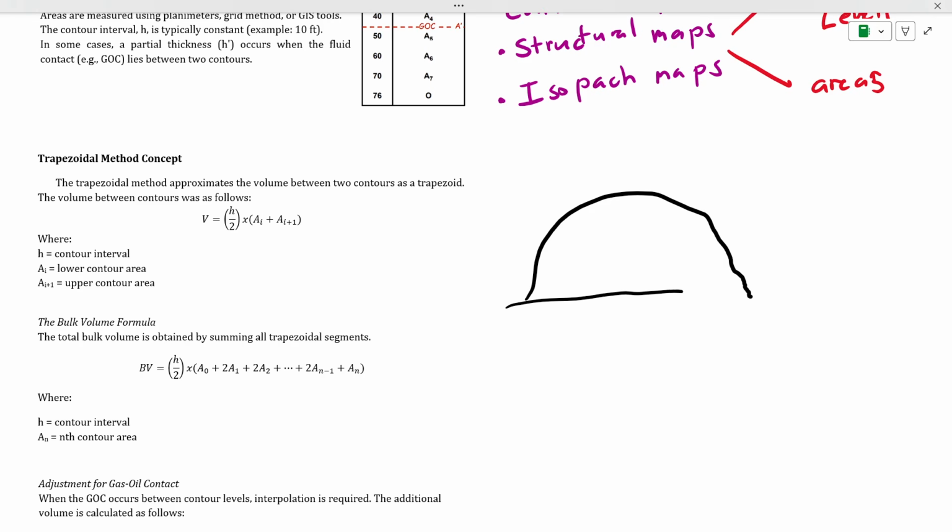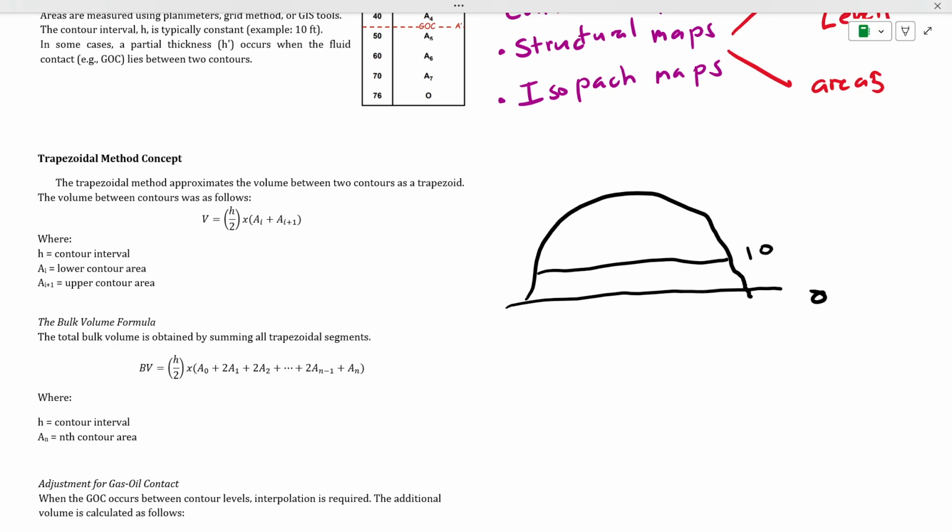Let's say this one is the first level, we have 0 here, and this one, let's say we have 10. So let's focus on this first interval.